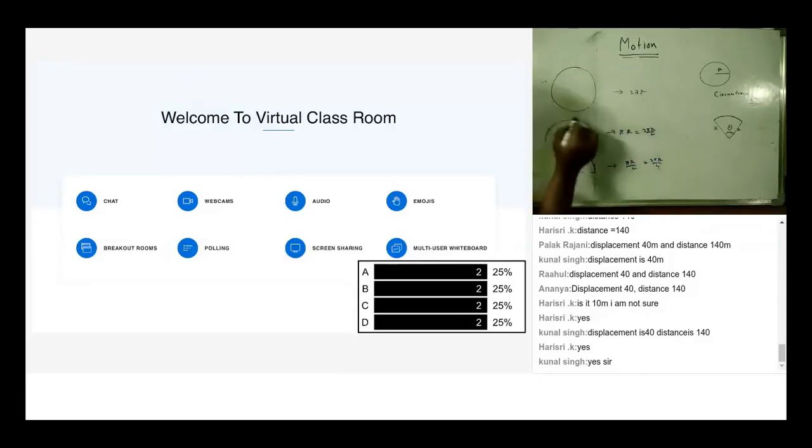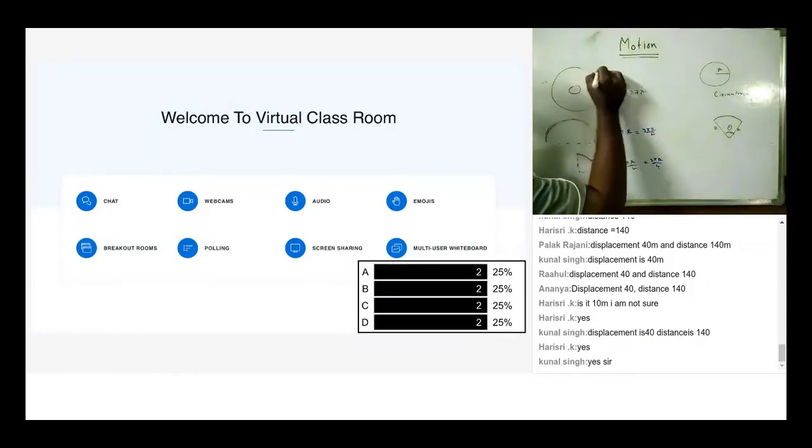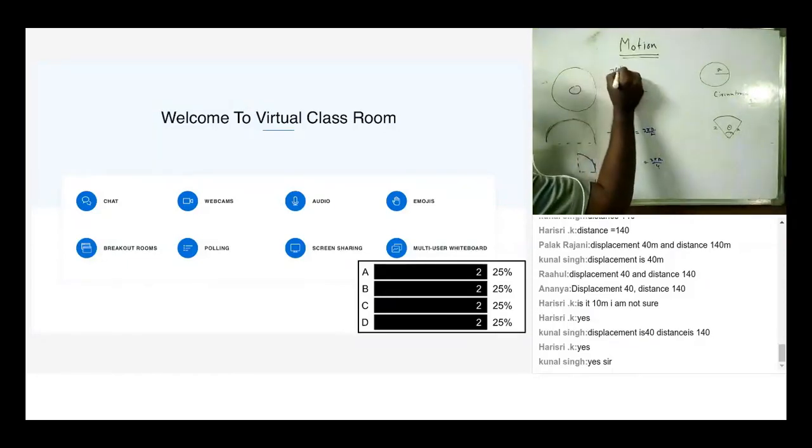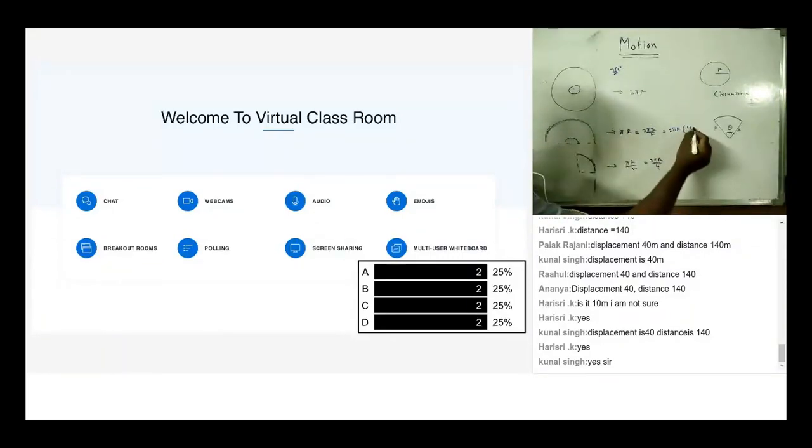What is the total angle of a circle? 360 degrees. Now this pi r is equal to 2 pi r into 180 by 360.